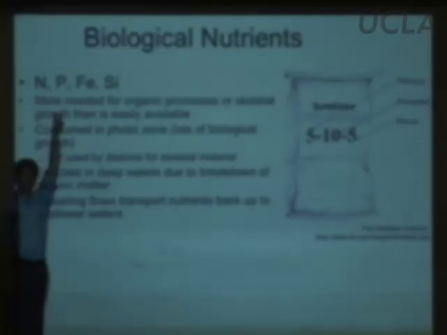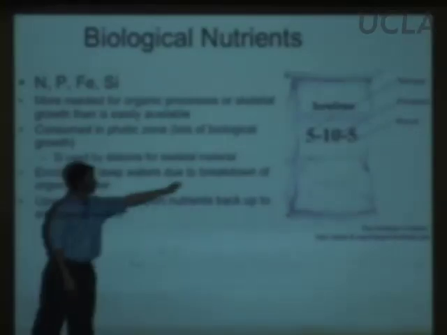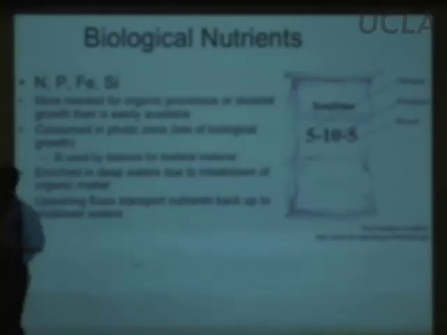What limits the productivity, what limits the biological activity, is frequently the abundance of useful nitrogen and phosphate in that environment. Okay, which is the same thing that's the first 2 things in fertilizer, because it turns out that in most soils, those are also the 2 limiting nutrients.